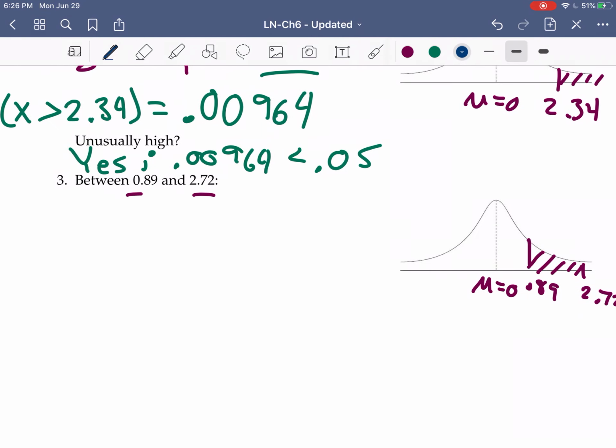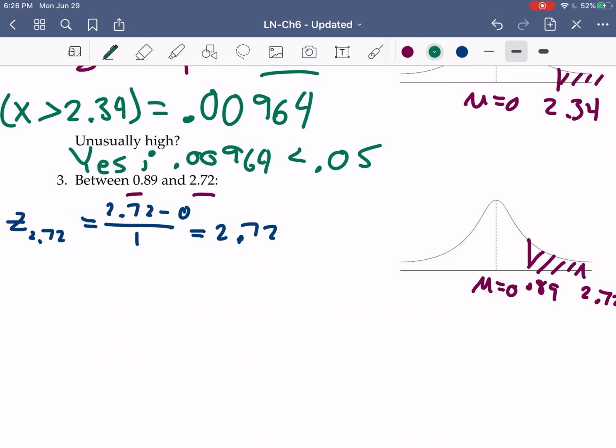So what we'll first do is calculate a z-score for 2.72, which is the data value, 2.72, minus the mean of 0 over the standard deviation of 1. So we get a z-score of 2.72.